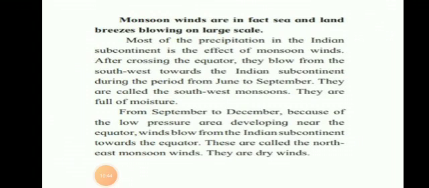From September to December, winds blow from the Indian subcontinent towards the equator. They are called northeast monsoon winds. They are dry winds. So students, go through page number 26 and 27 from your textbook.